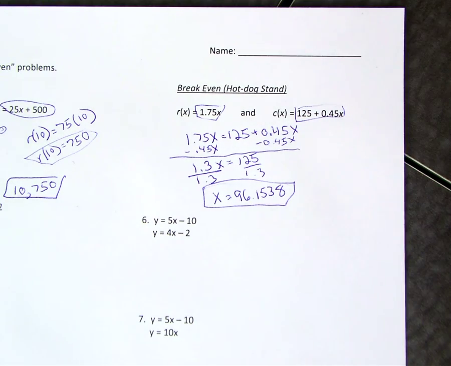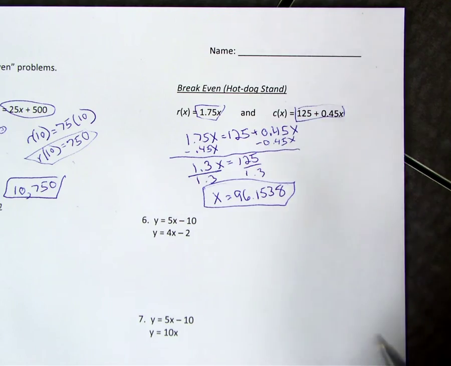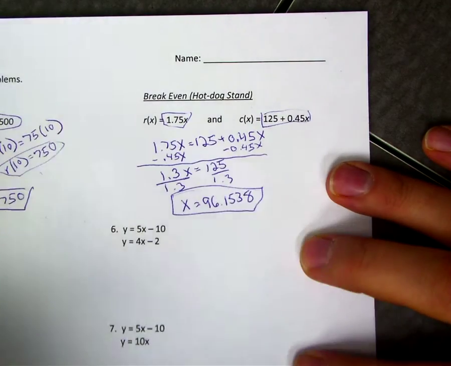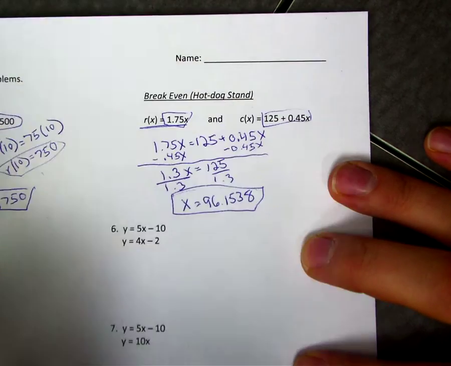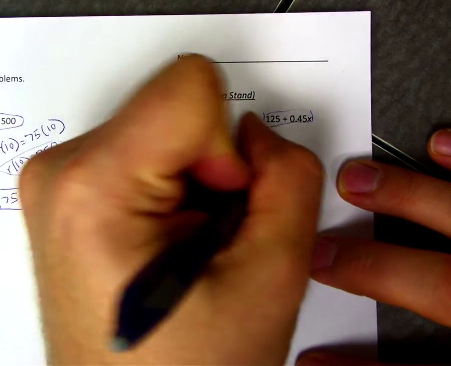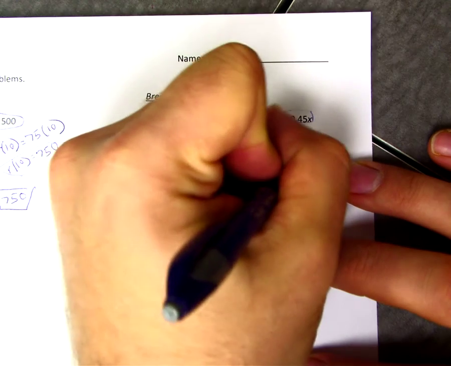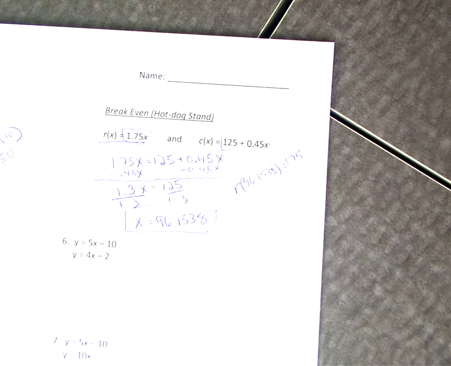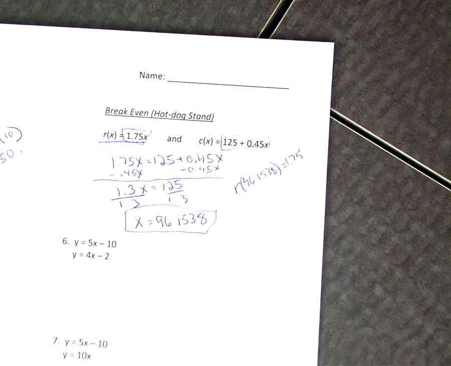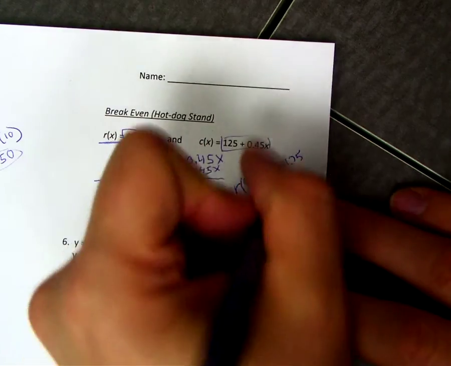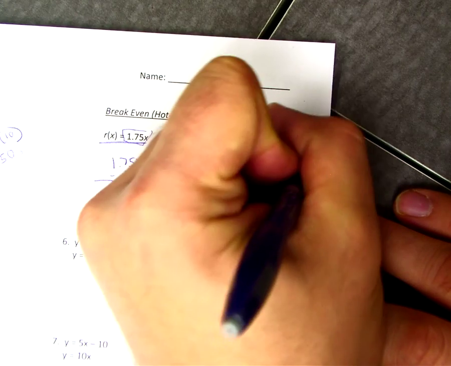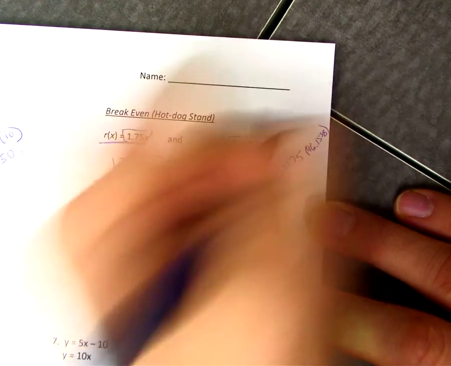You can't sell 96.1538 hot dogs, but we are going to use this number to figure out what our revenue and cost would be. So I'm going to take, again, the revenue because it's an easier one. So I'm going to take R of 96.1538, and that's going to equal 1.75 times 96.1538. Sorry about the room here.